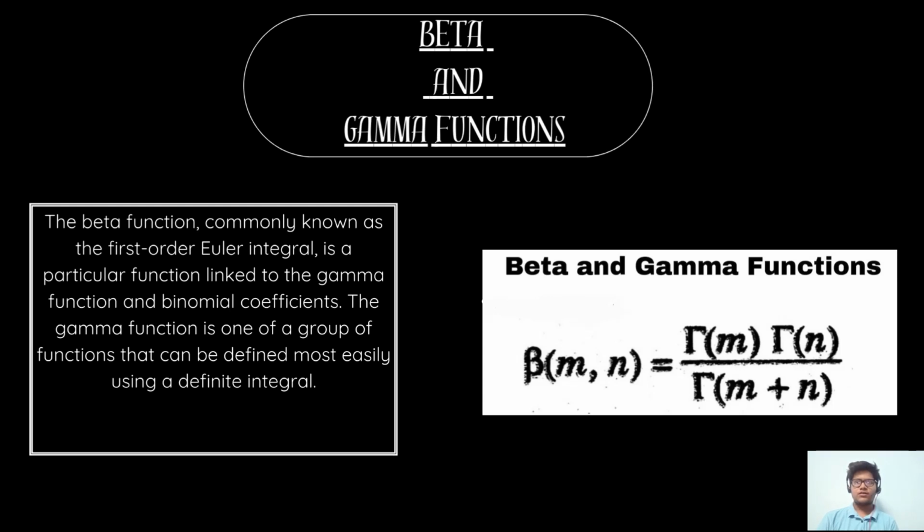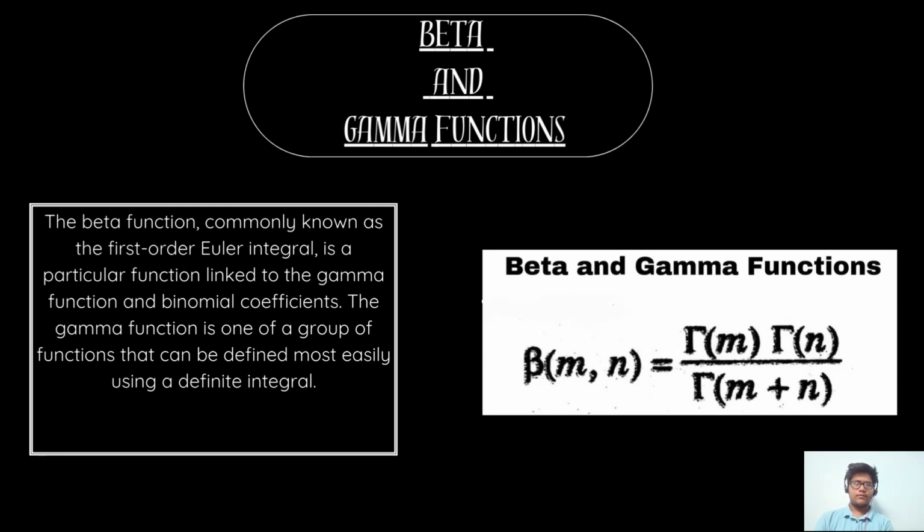The gamma function is one of a group of functions that can be defined most easily using definite integrals. As you can see, I've given a formula for beta and gamma functions, that is beta of m comma n is equal to gamma of m into gamma of n whole divided by gamma of m plus n.